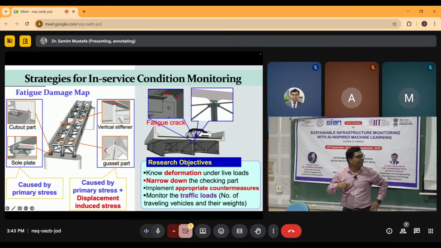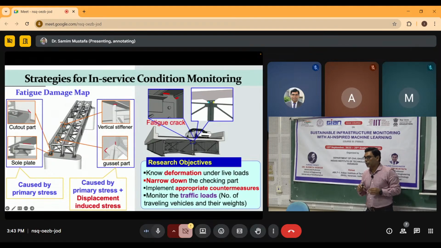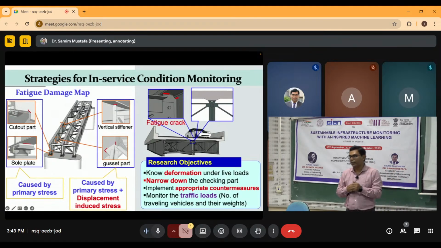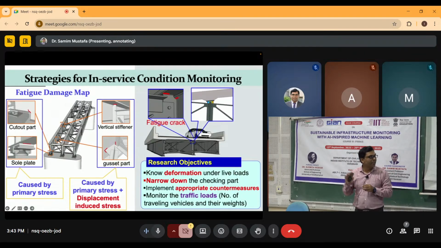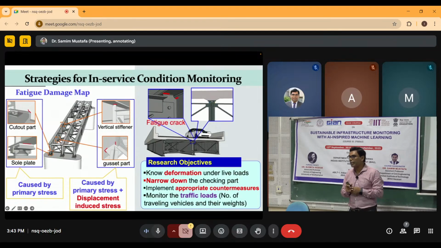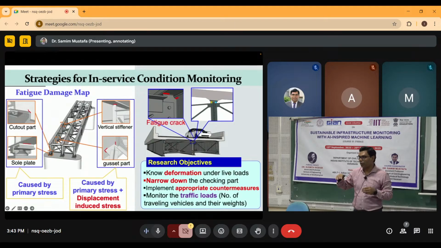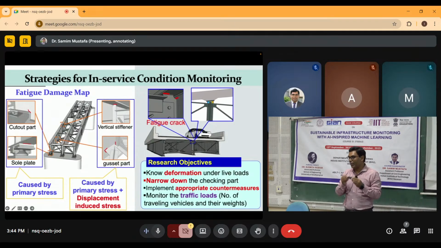And then it will also help us to implement a proper maintenance system or monitoring system, so that this kind of fatigue damage would be prevented, because from the data we can know how many stress cycles that member has gone through and how many stress cycles it still has remaining before going into fatigue damage.